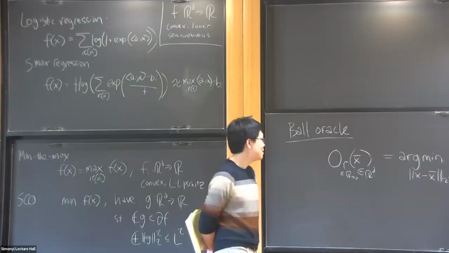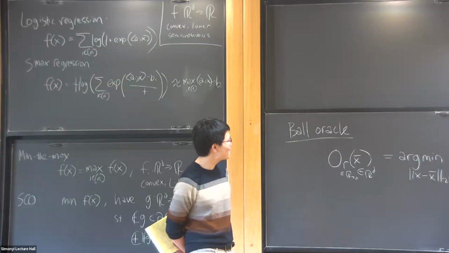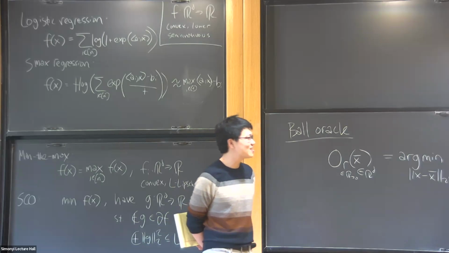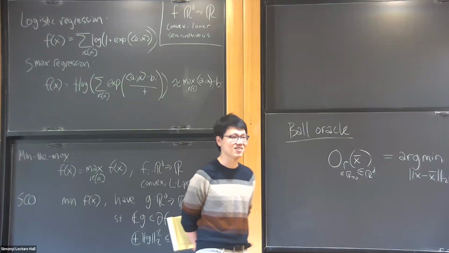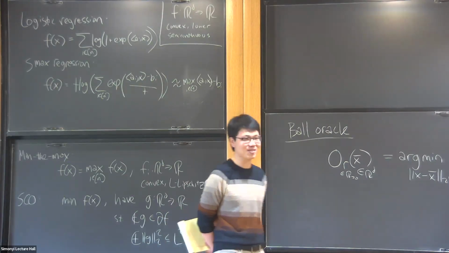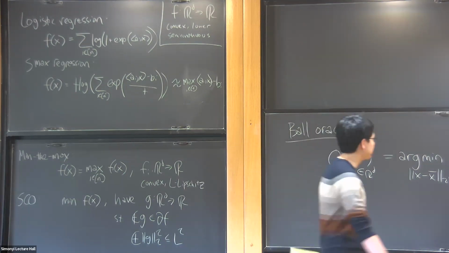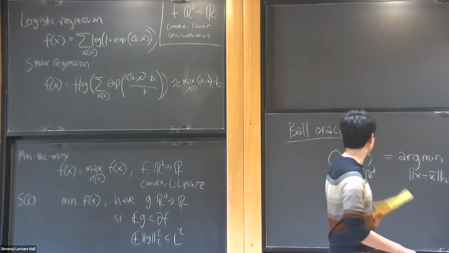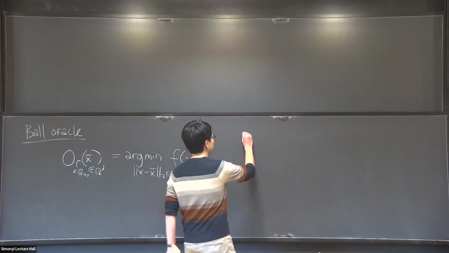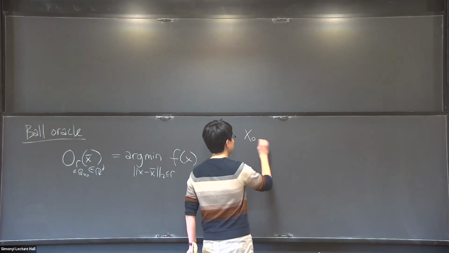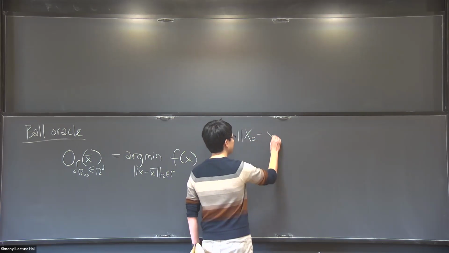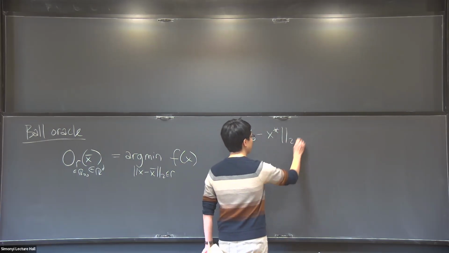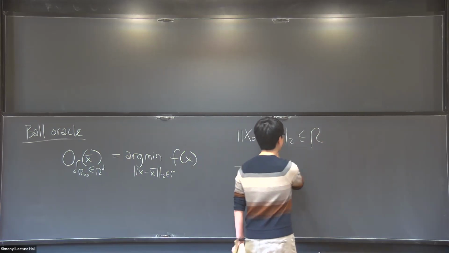That's right. So maybe before motivating this ball oracle, I'm just going to give an analysis of a simple algorithm that calls it, and then I'll say why one would care about such a thing. So here's the most basic algorithm one could define involving a ball oracle. So consider the algorithm which takes some value x0, and I promise you that it's in a ball of radius big R around the minimizer.